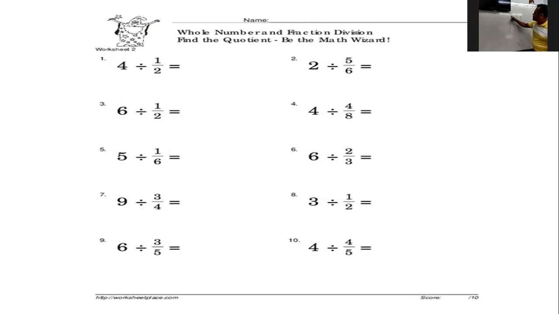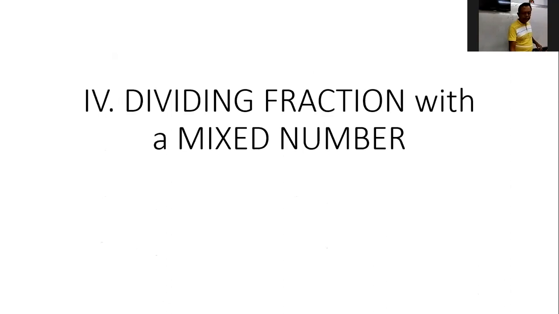Then you change that to multiplication. So you multiply, you have 12 over 5, or 2 and 2 over 5. Okay? Practice there.